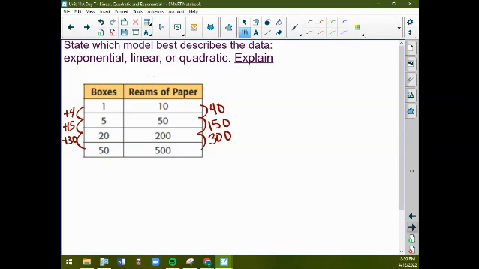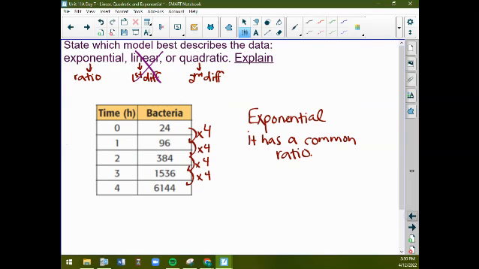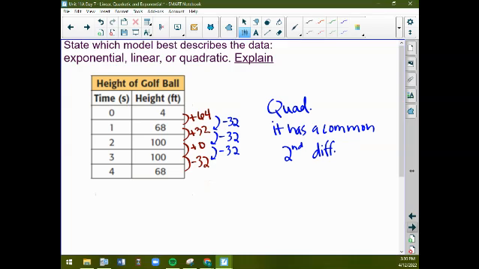So if we're thinking about slope, okay, we calculate slope by doing our change in y over our change in x, and that would give us the common difference. Okay, so the reason why I didn't look at the other ones is because the other ones were just going up by 1, right? 0, 1, 2, 3, 4, 0, 1, 2, 3, 4.